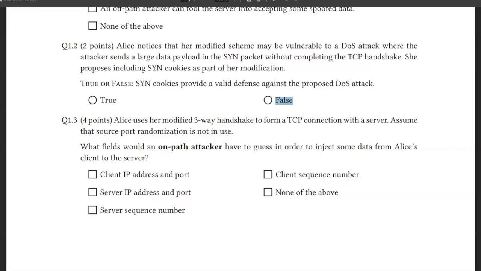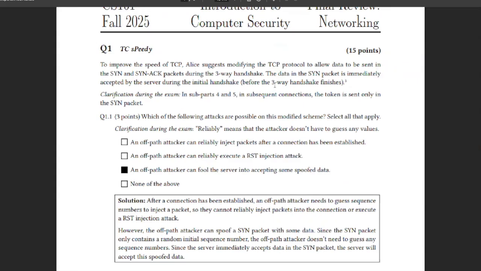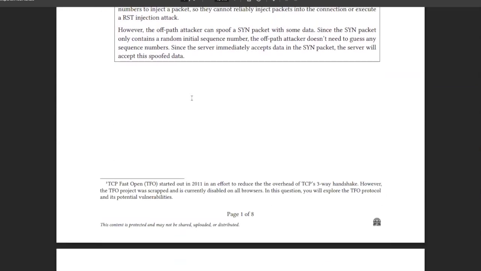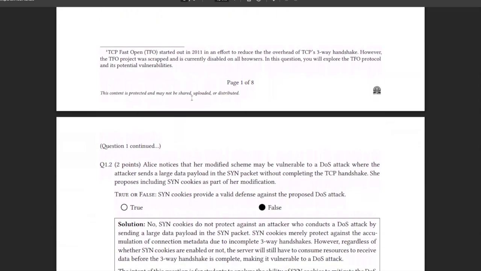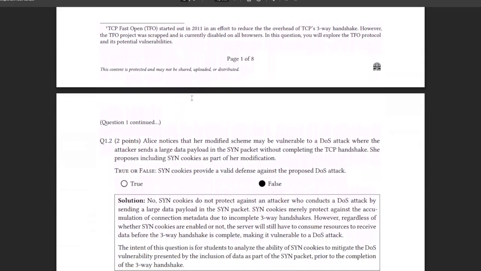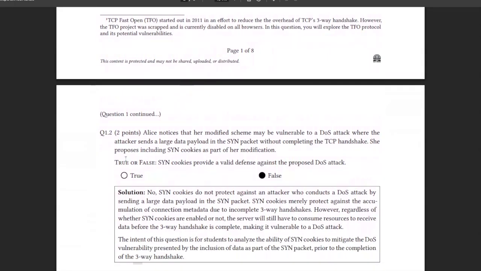I don't know if maybe this is more clear. So this is the answer for the first one, and this is kind of what I was talking about.